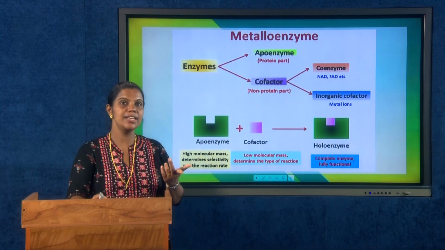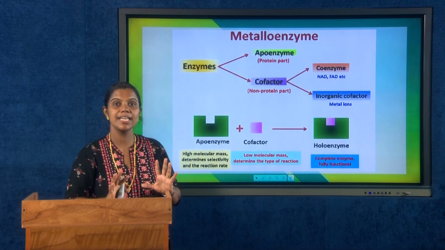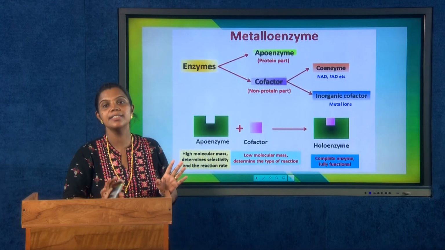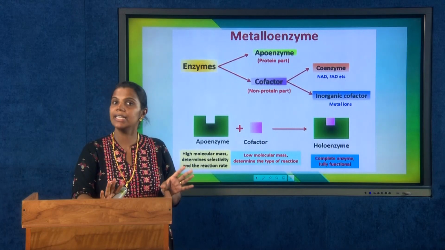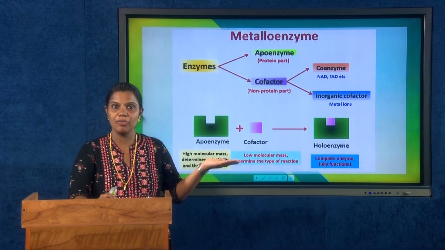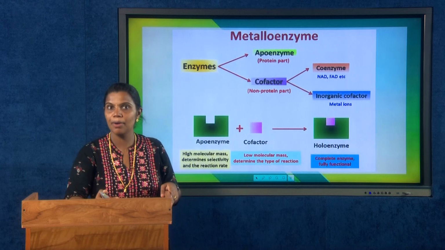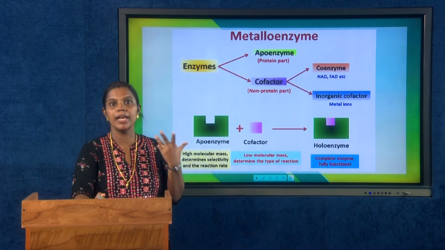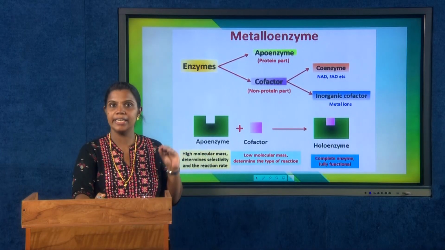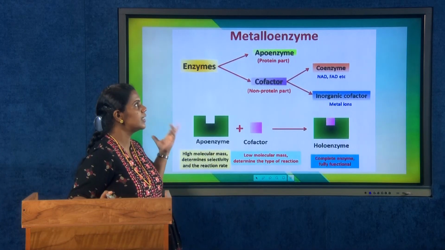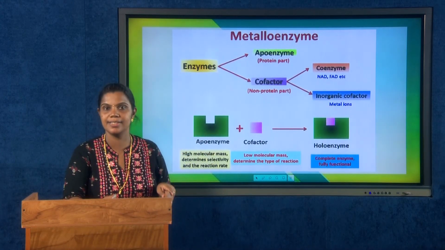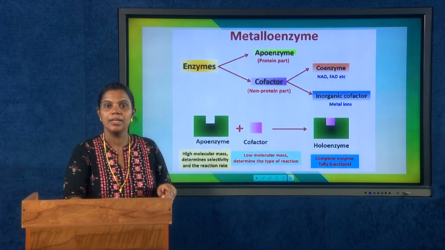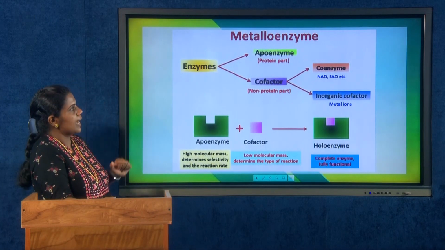Now we will see in particular metalloenzymes, that is, these are usually the biological catalysts. In the previous slides, we have learnt about certain proteins which perform specific functions. Here we are going to see the biological catalysts. They are known as the metalloenzymes.